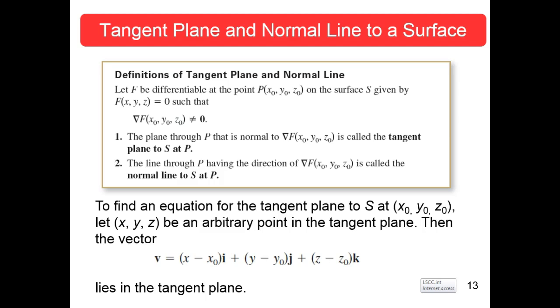Because the point is at that point of intersection, so any x minus x0, which is linear in the x direction, linear in the y direction, and linear in the z direction, has to be in that tangent plane. So if you know that point, which they usually give you, then the vector lying in the tangent plane is just x minus this one, i, y minus that one, j, z minus that one, k. Okay.